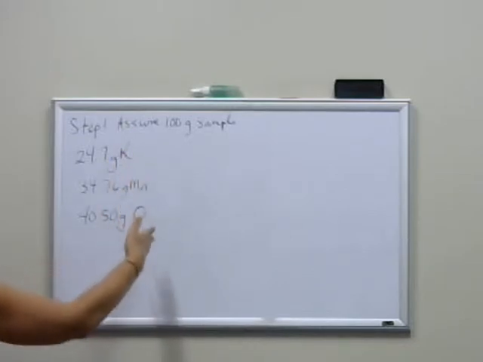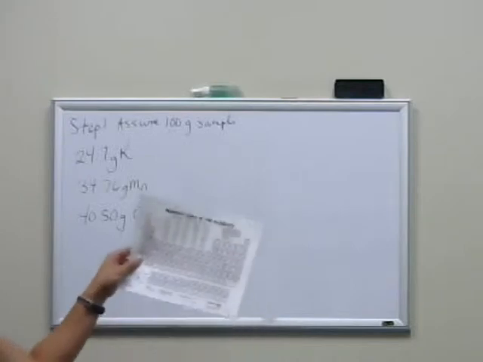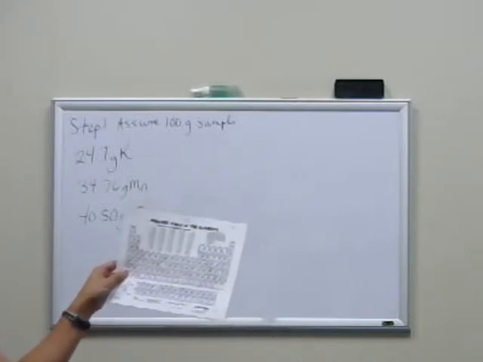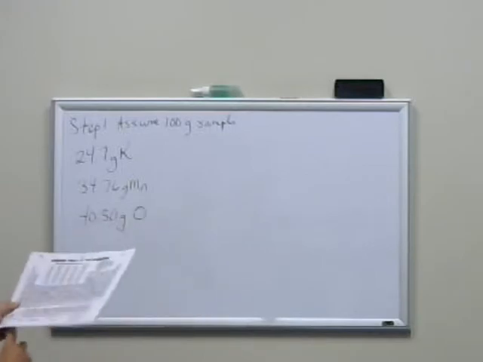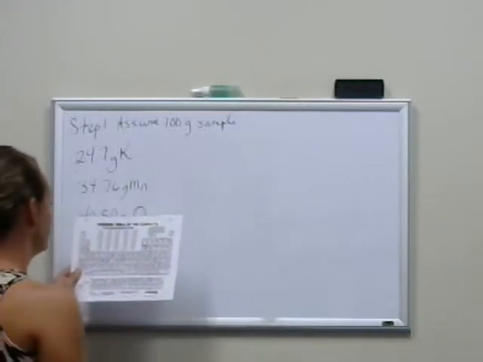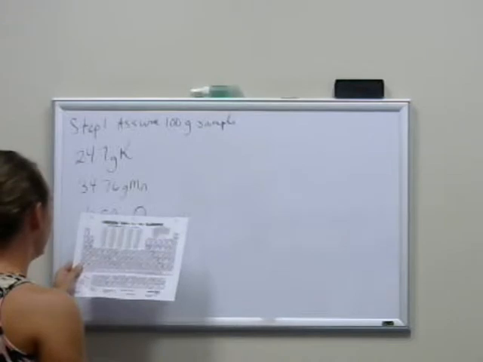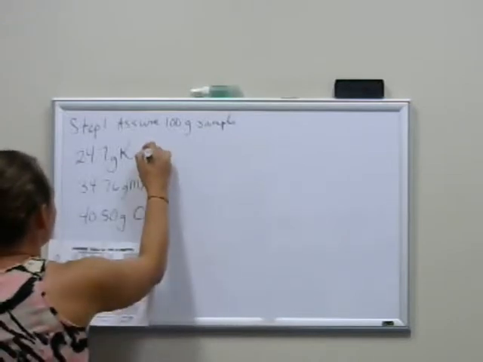Now once I have the mass of each element, I can use my periodic table to determine how many moles that represents, just by dividing by the atomic weight. So for potassium, that's going to be 39.10.